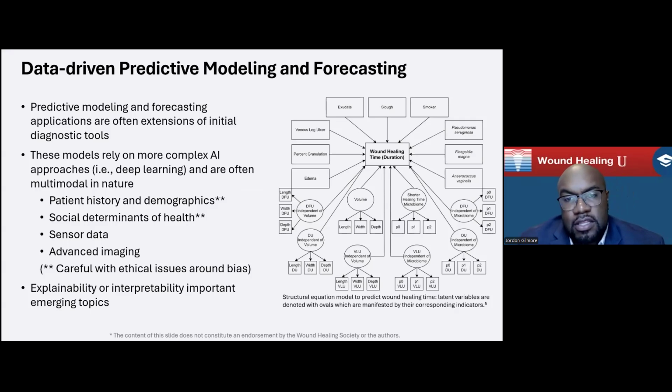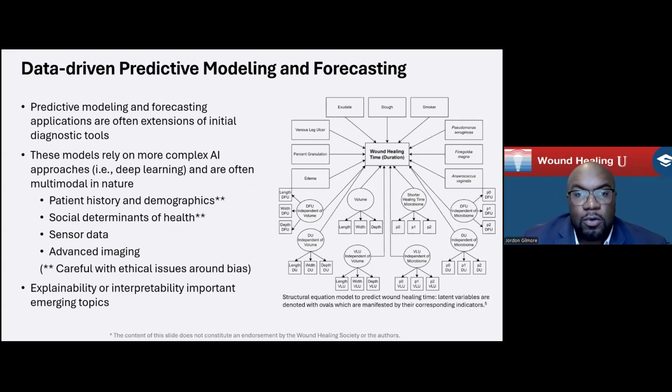So all of these things are important, but you'll notice on the list over there on the left, it says patient history and demographics and social determinants of health, and I've got asterisks beside those. The reason is that you have to think about the ethical issues and bias that can come with including some issues like that, right?